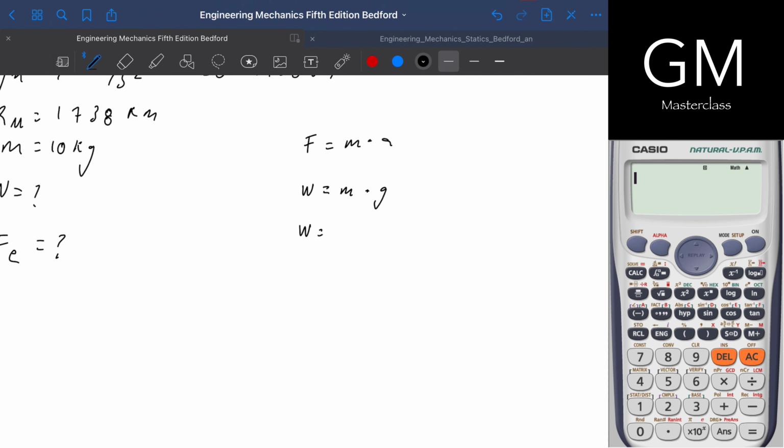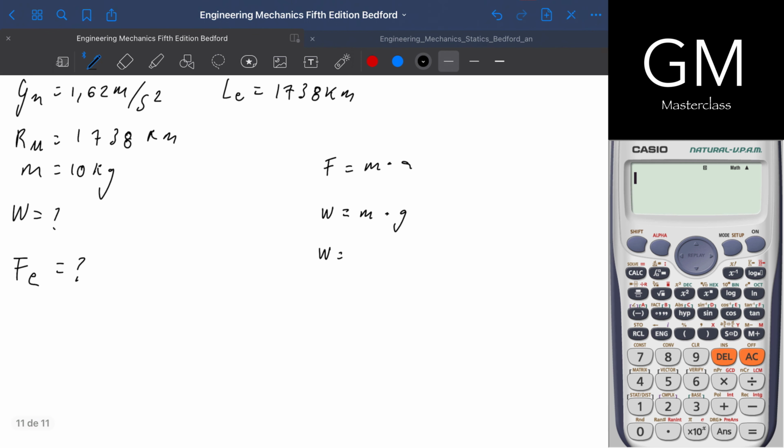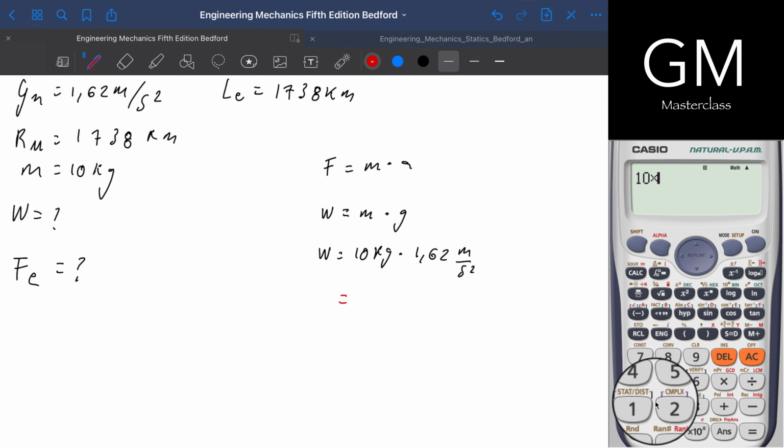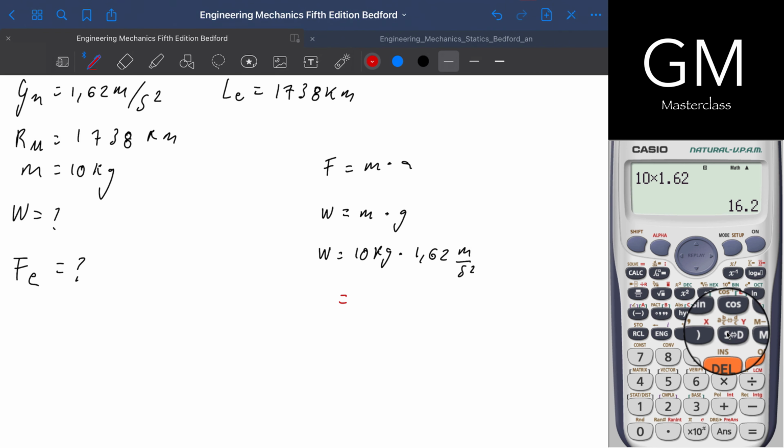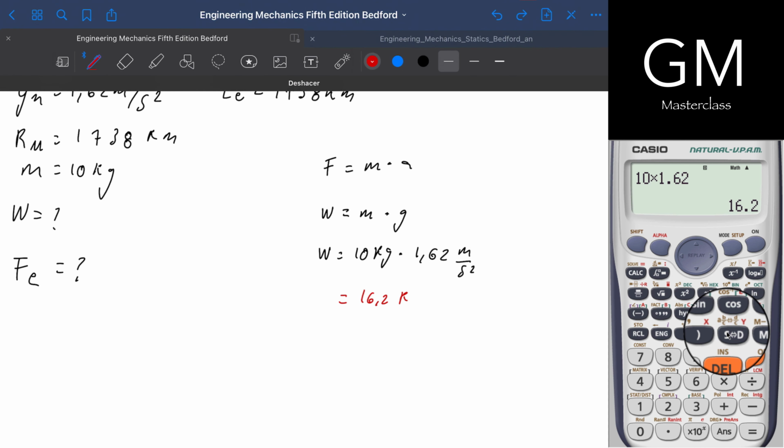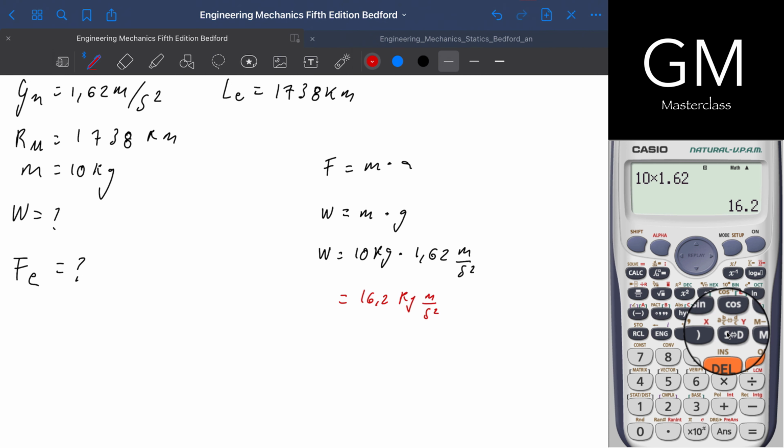So the weight is equal to the mass, 10 kilograms, multiplied by the gravity, which is 1.62 meters per square second, and the final answer is 10 times 1.62, 16.2 kilograms multiplied by meters per square second, which is the same thing as a Newton.